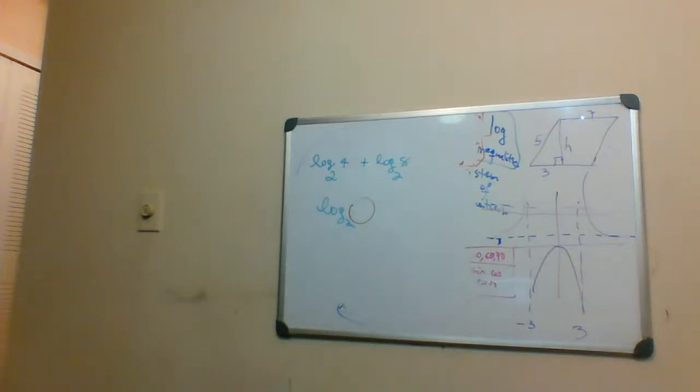Whatever you put in is positive, but the output can be negative. The input cannot be negative. So whatever you put in needs to be positive, but it could give you a negative number. So if I have log base 10 of 0.0001, that's going to be a negative number. Does that make sense? All right.